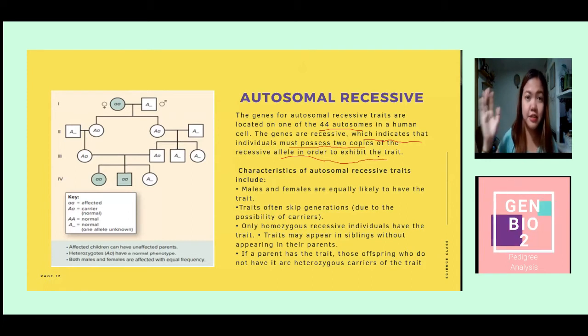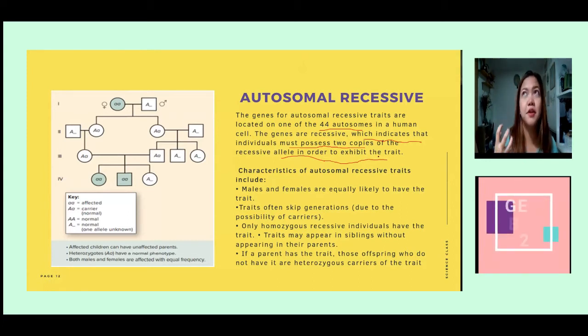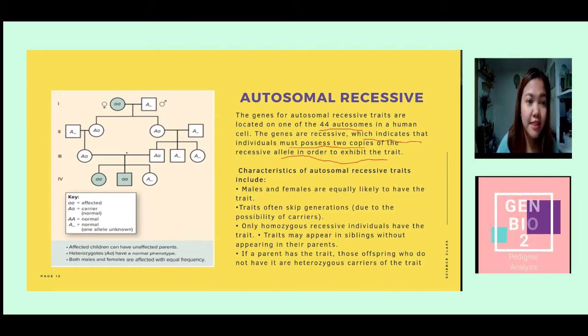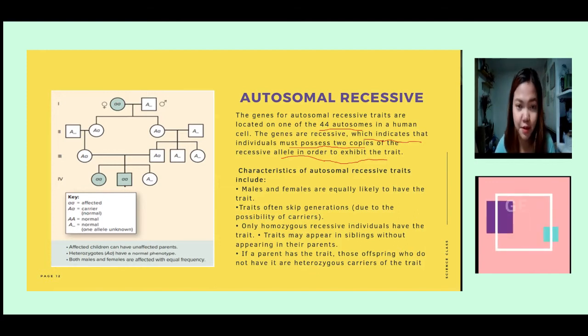So katulad ng lesson natin before, para ma-express yung trait na yun, dapat meron siyang dalawang recessive na allele. For example, here sa pedigree natin, lahat ng affected meron silang dalawang recessive allele. So dalawang small a, dalawang small a, and dalawang small a.